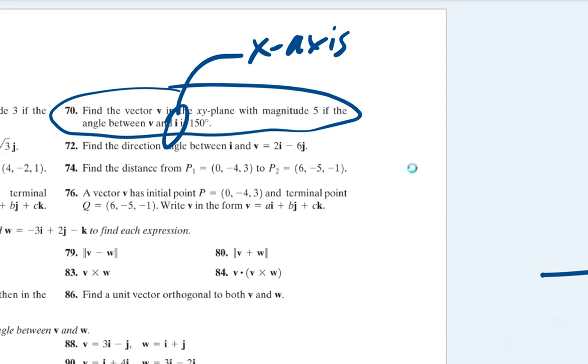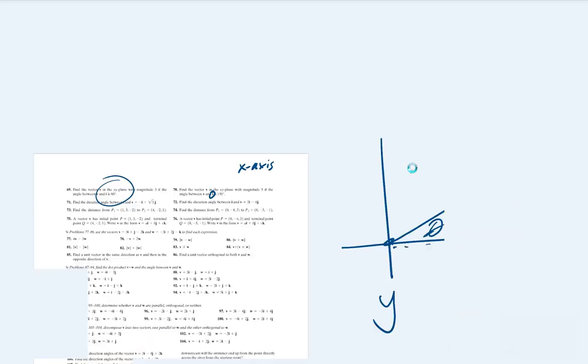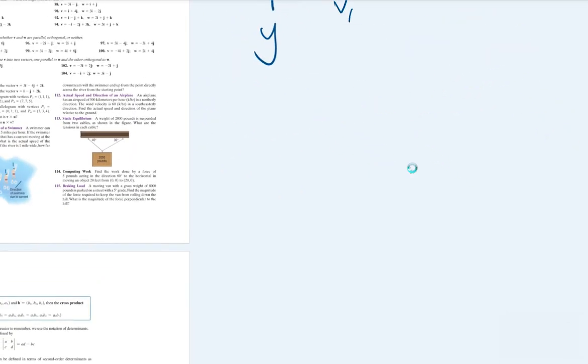So we're finding the vector v in the xy plane with magnitude 5 if the angle between v and the x-axis is 150. Let's look at that. 150 is 30 degrees away from the negative x-axis. So here.